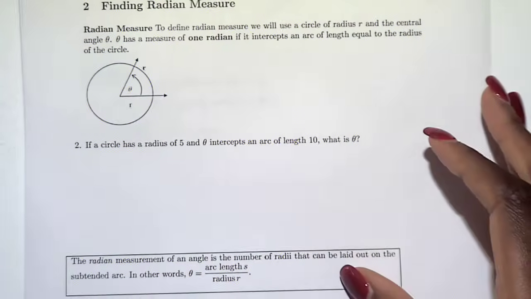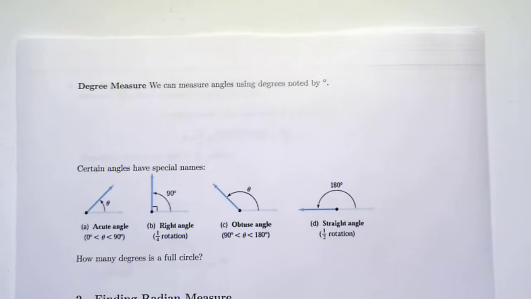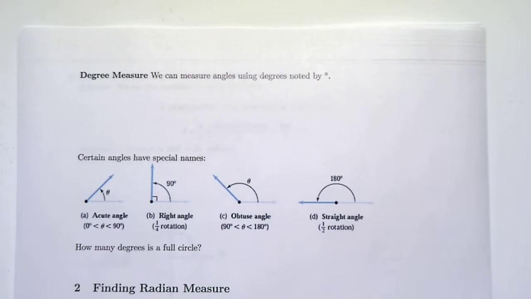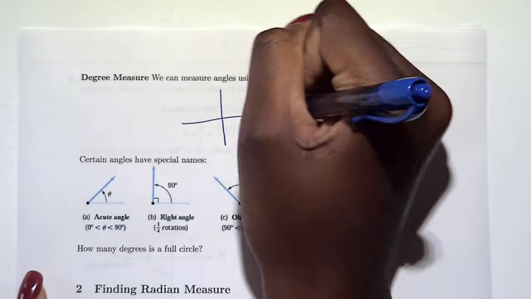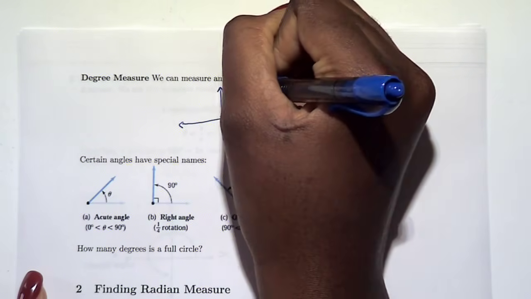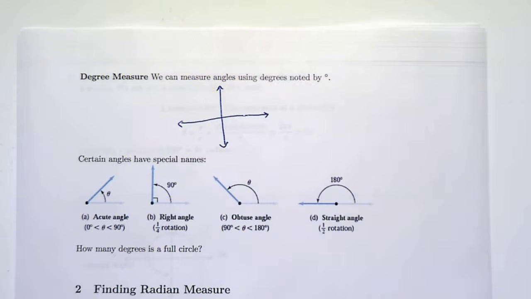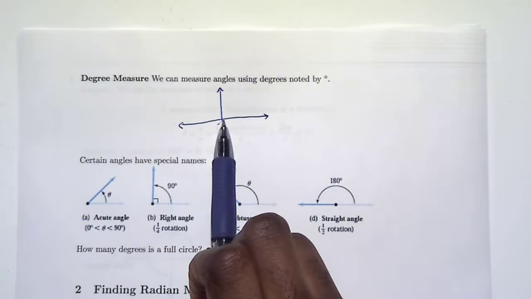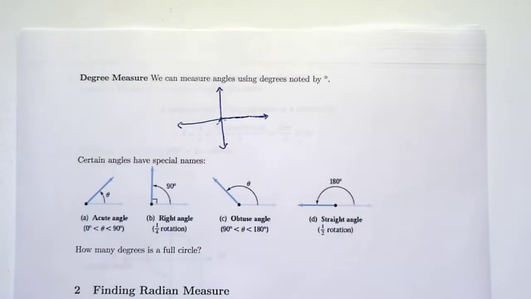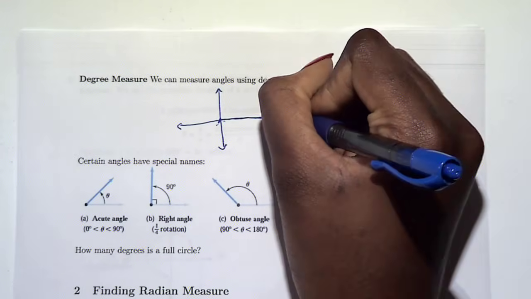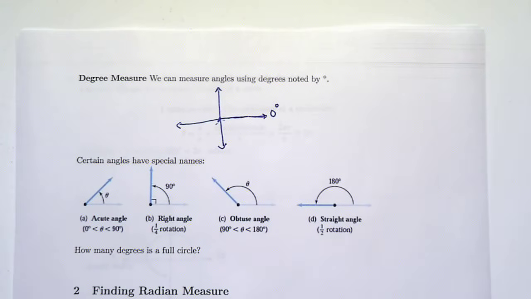All right, so those angles we just drew, we can measure them using degrees, and so it's noted by a degree symbol. So for example, if I had XY axes just like before, if we have an angle that starts and ends right here, this is known as 0 degrees, so it's a 0 degree angle.